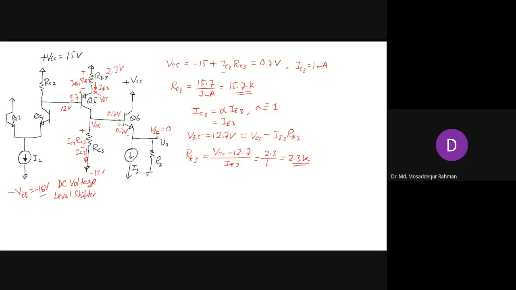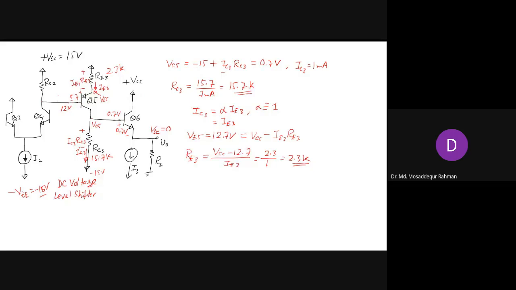That will be 2.3 K, and here you will have 15.7 K. So this 2.3 K will ensure that the 1 milliampere current will flow here. IE3 will be 1 milli, and then the same 1 milli will flow in IC3, and we have taken this 15.7 volt here.